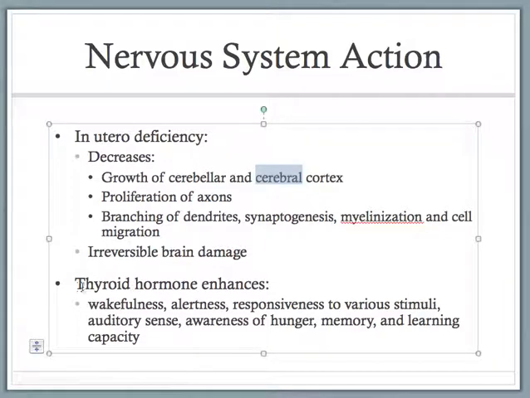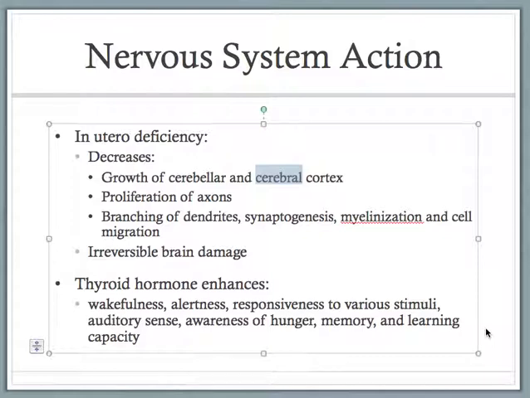When there is an adequate level of thyroid hormone in the blood, the other things that the brain seems to do is respond in a more wakeful manner, more alert, which has to do with your reticular activating system. People are more responsive to various stimuli when they're given various tasks in the lab and they have high levels of thyroid hormone. They can attend to multiple things at a time and they respond better on cognitive function tests.